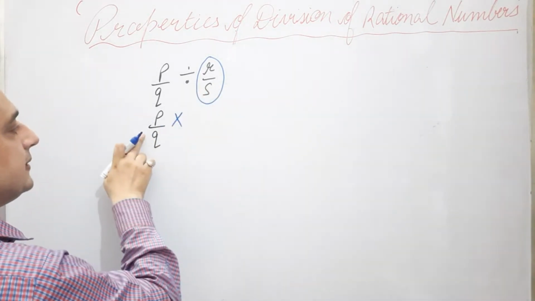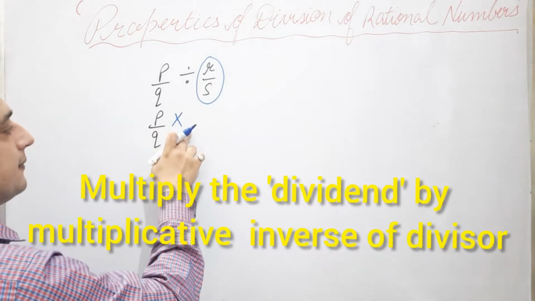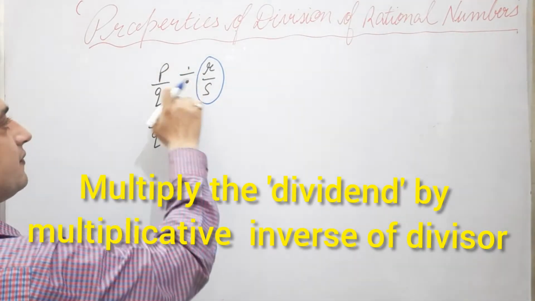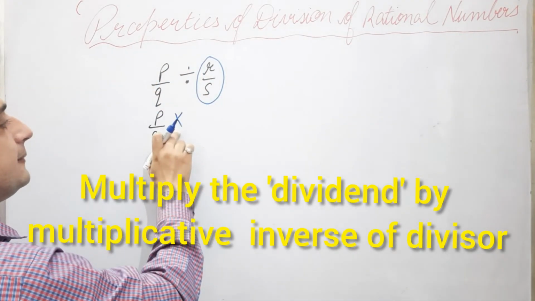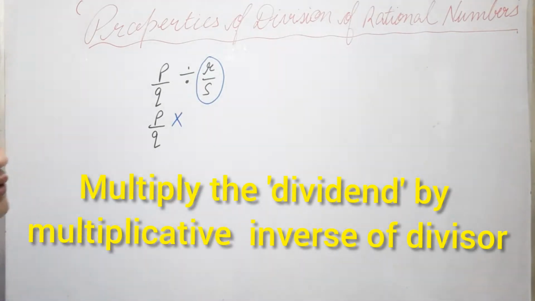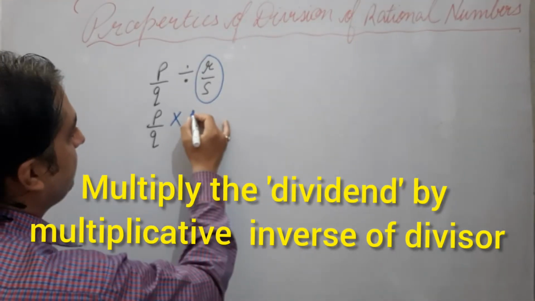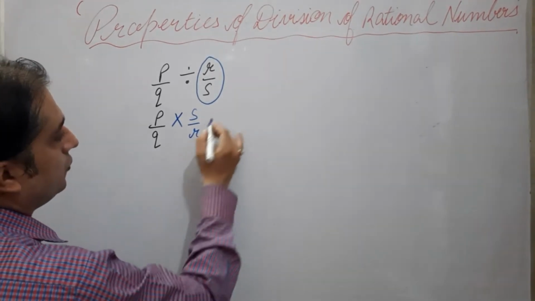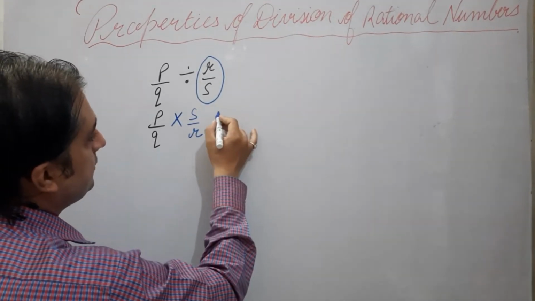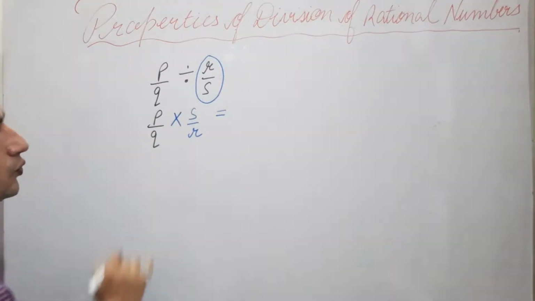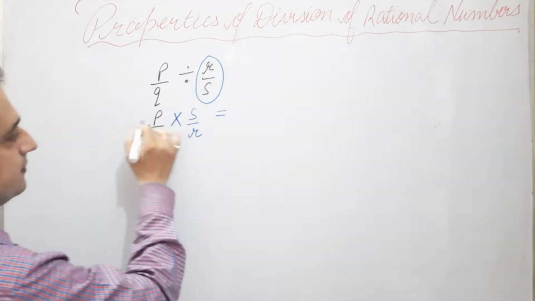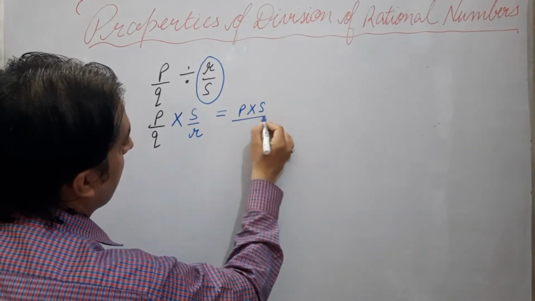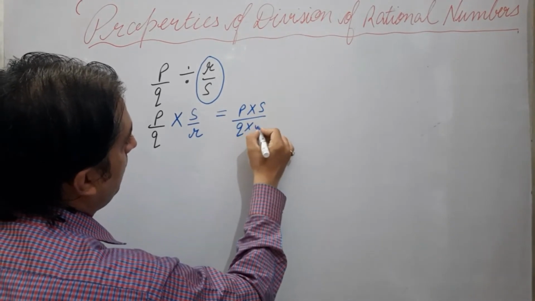So we multiply the number which is supposed to be divided with the reciprocal of the divisor. Once you do this, you know how to multiply: just multiply the numerators and multiply the denominators.